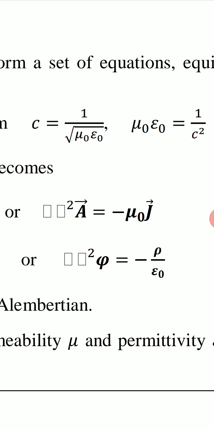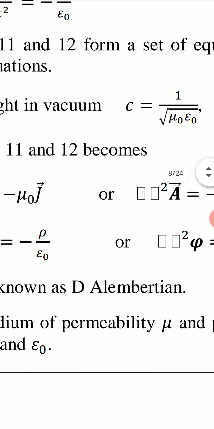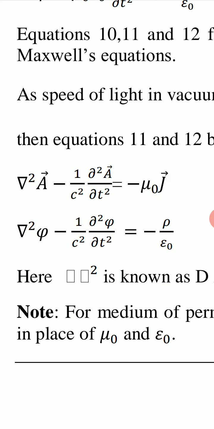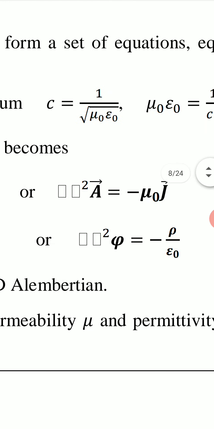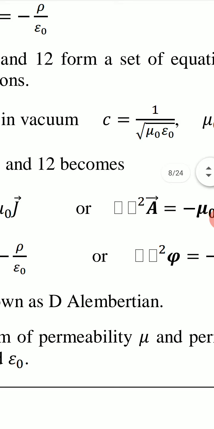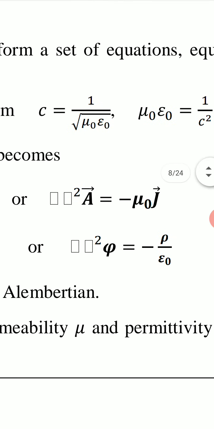Here del square is the D'Alembertian, which is equal to del square minus 1 upon c square d2 by dt square. On the left hand side, except A, the remaining term is this D'Alembertian, and this equation becomes equal to this equation.